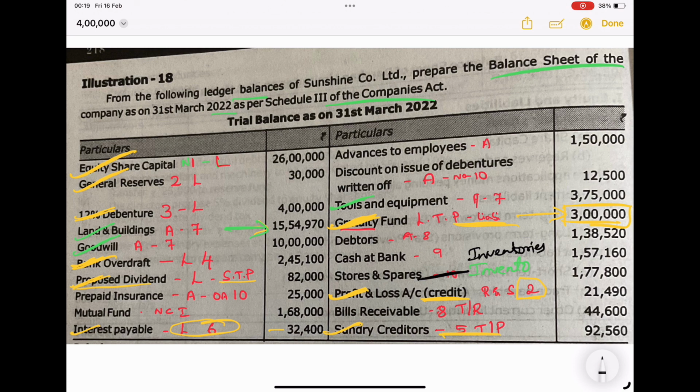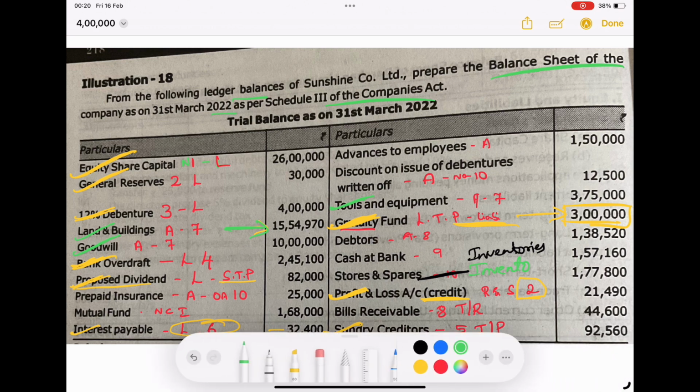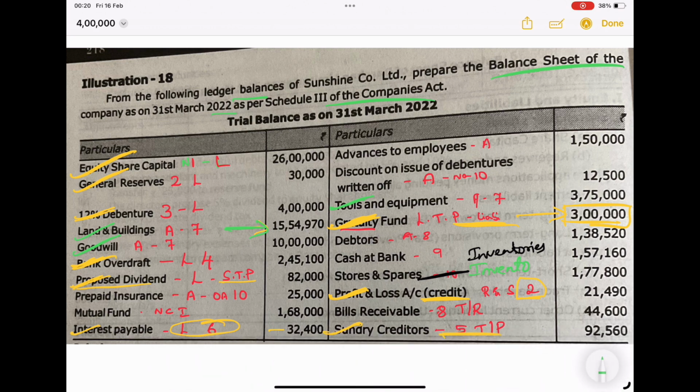In case they have given anything like that, you have to write it in note 10 only. Okay, so no other fixed assets, so I'll write this tools and equipments 3,75,000.